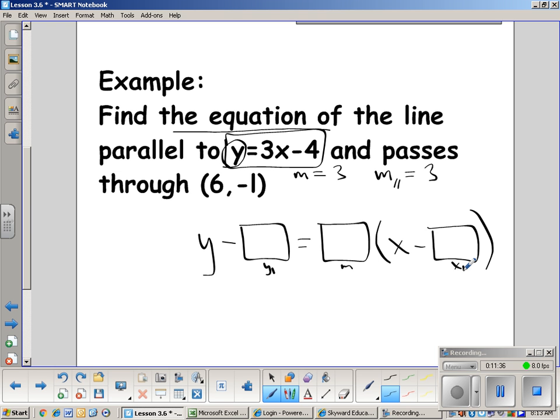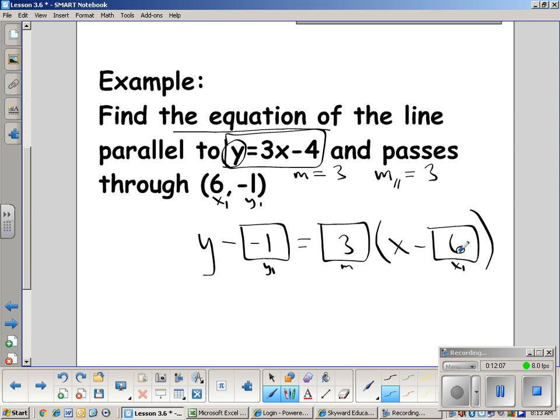That's why we're reviewing it. We don't have that mastered yet. You'll get it. All right, so what does 6 represent? X1. What's negative 1 represent? Y1. And so if I plug them in now, negative 1 goes here, 3 goes here, 6 goes there.